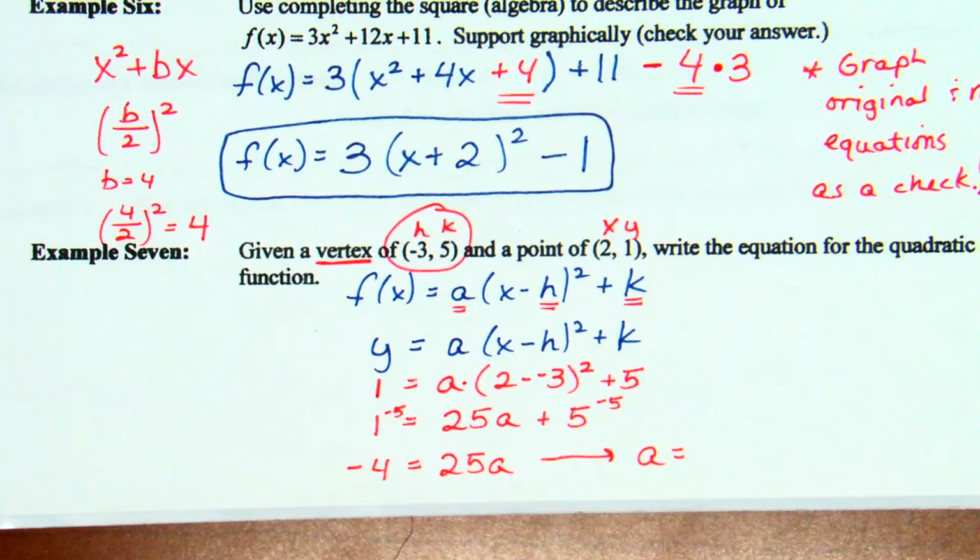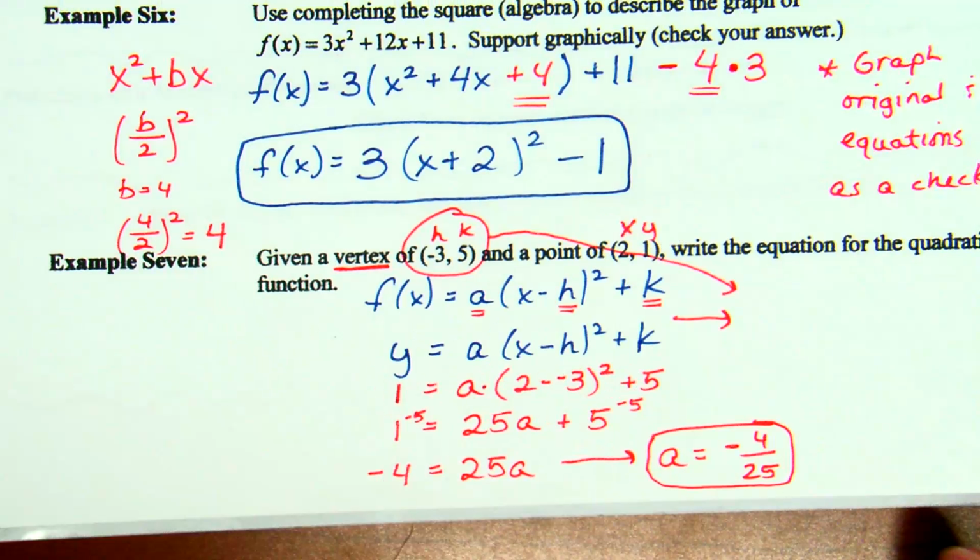So we get A by itself, divide by 25, and A becomes negative 4 over 25. Okay, so we've got an H and K. We've got an A. Can you write me an equation?